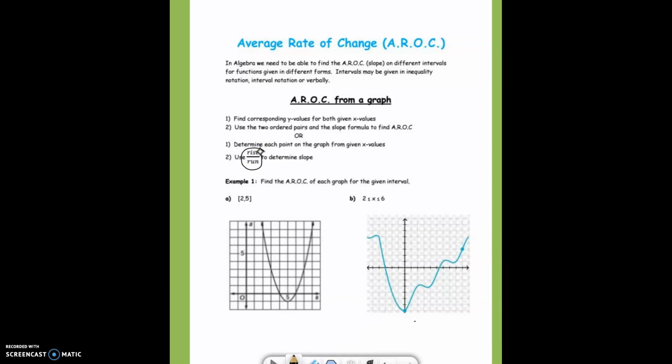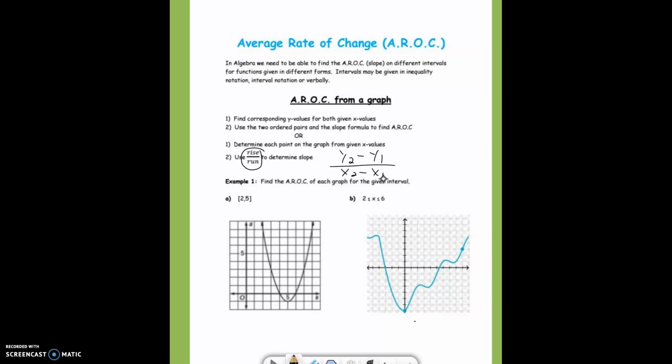Okay? So two ways again, rise over run, or you remember y2 minus y1 over x2 minus x1. However, for these two, I am going to just do this using the rise over run.